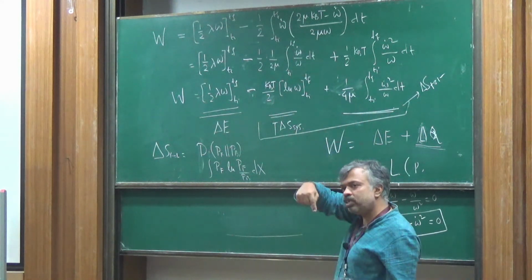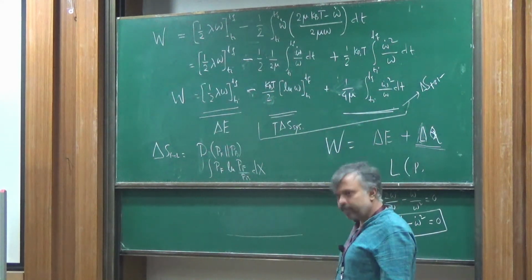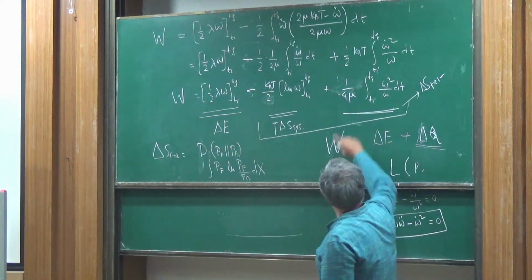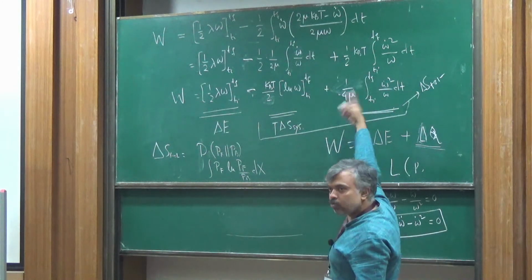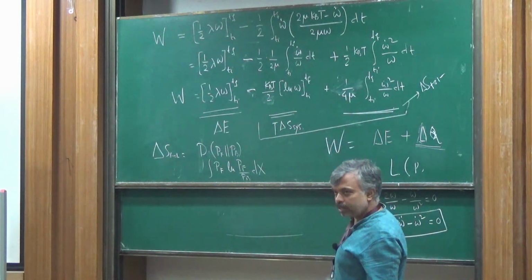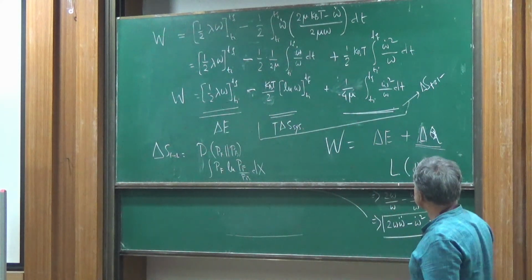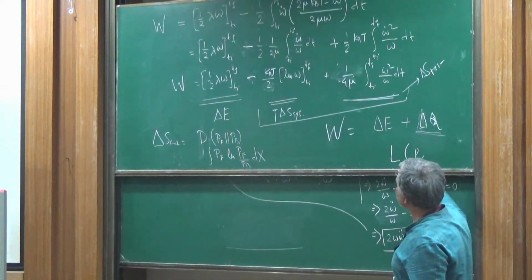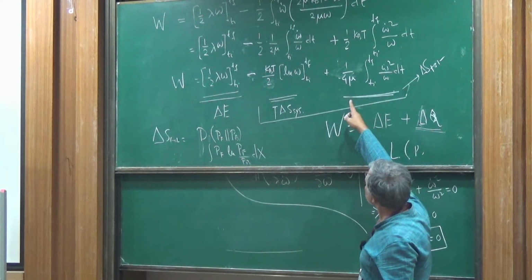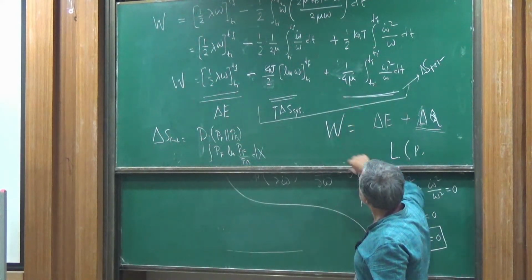So it will not enter into the delta S total by T. So to make it heat, we have to multiply, I guess.